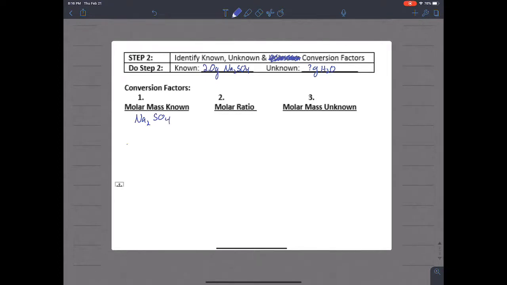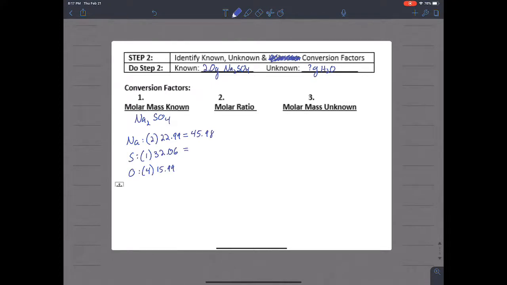All right, so we have sodium, we have 2 sodiums, and that is a molar mass of 22.99. We have sulfur once, which has a mass of 32.06. And we have oxygen 4 times, and I'll do the mass of that, 15.99. Again, if you use 16 or something slightly different, it's not going to really change your answer that much. Okay, so this gives me 45.98.